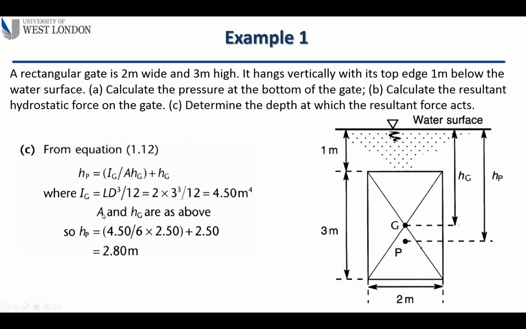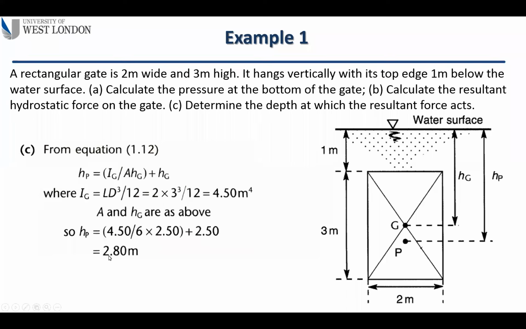So A and h_G can be calculated and substituted in this formula. We put 4.5 for I_G, divided by 6, which is A, times 2.5, which is the centroid we calculated before, plus 2.5.